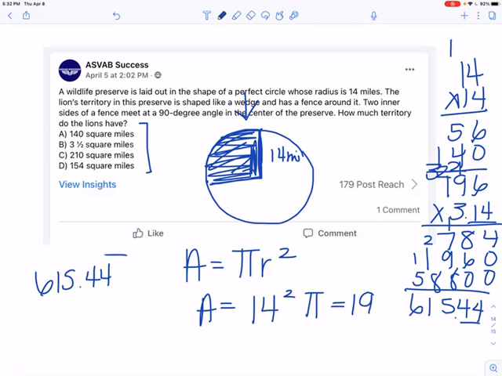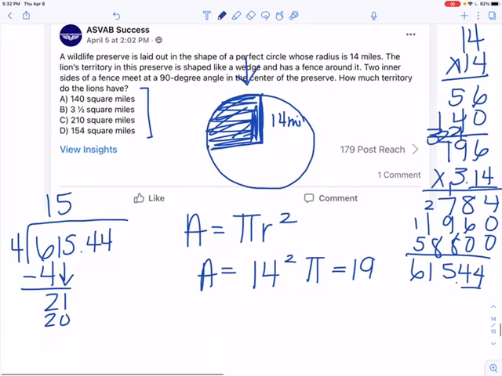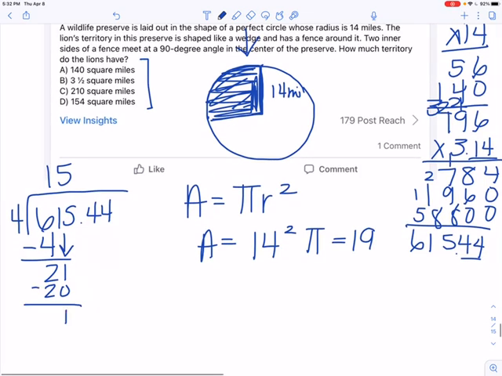Now this we're going to divide by 4. So 4 goes into 6 one time. Here 5 times. Here 4 times. Oh, just kidding. Not 4 times. 3 times.